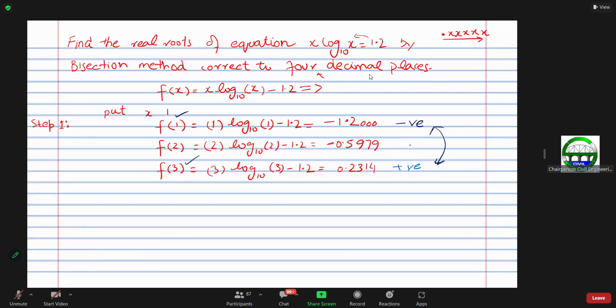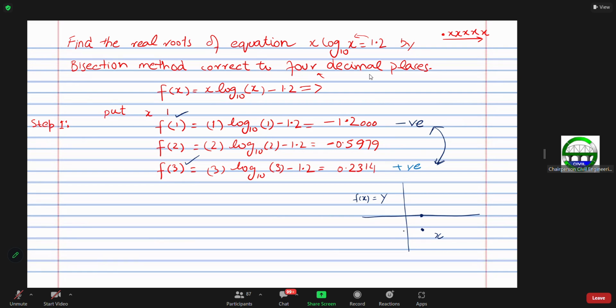The value is lying somewhere here. So in a graph, if we make a graph, so you can say that f of 3 is positive. So let's say this is x, this is y = f of x. If x = 1, the value is somewhere here, like minus 1.2.